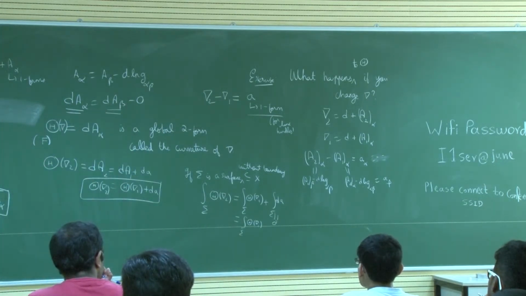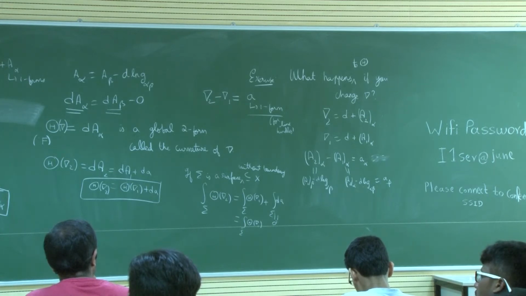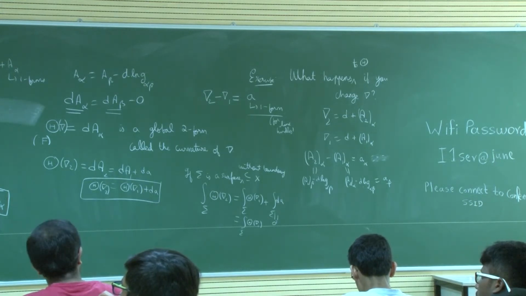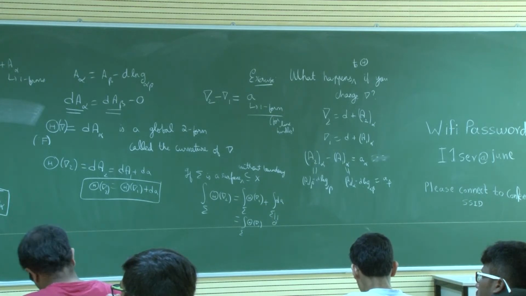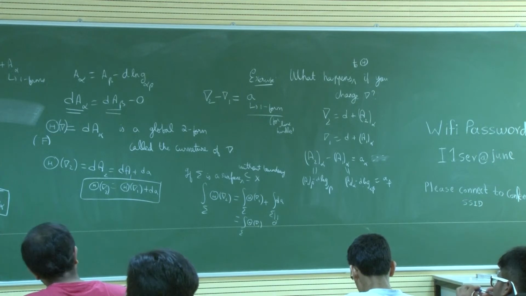So the integral of the curvature along every surface is independent of the connection chosen. It's dependent only on the vector bundle. It's an invariant of the vector bundle. If you're familiar with cohomology, the cohomology class is an invariant of the vector bundle. If not, it's just the integral over every surface.